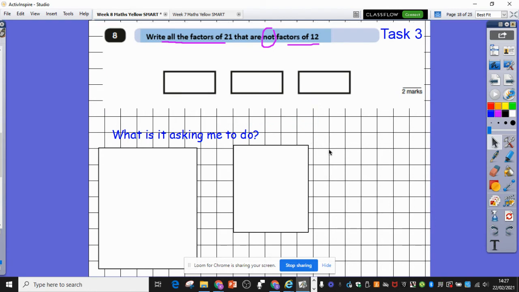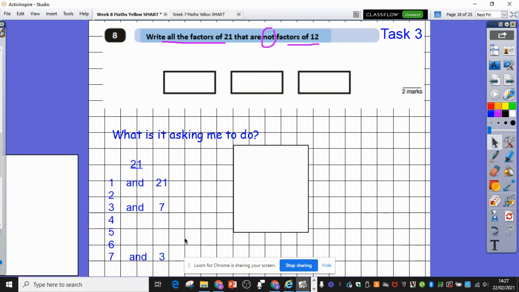So what is it asking me to do? Well, the first thing I need to do before I do anything is start to list my factors. And I've done that here to show you. So I've got my 21. I know that 1 times 21 is 21. 2 times something, well, it would have to be, that's an odd number there, so that's not going to work.